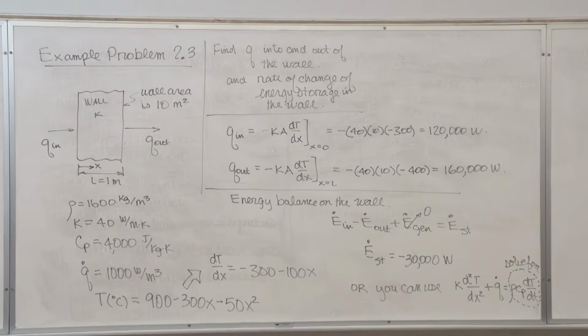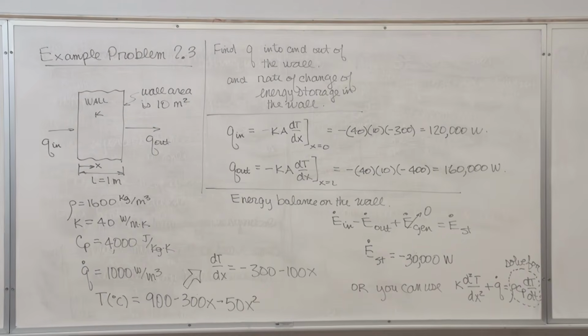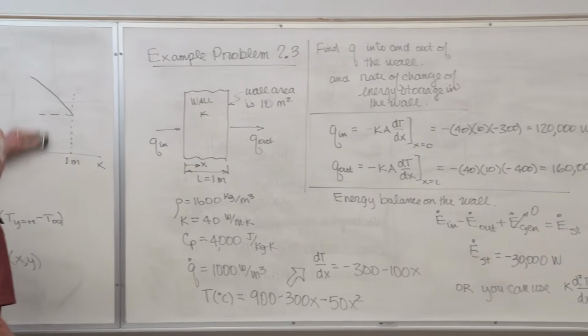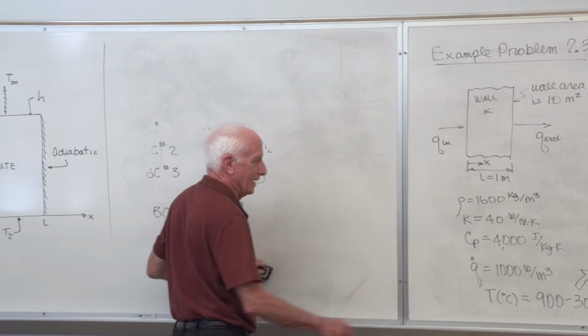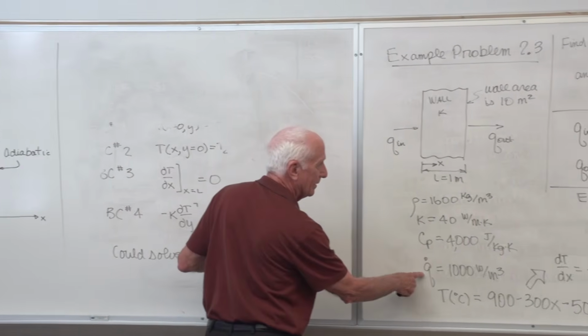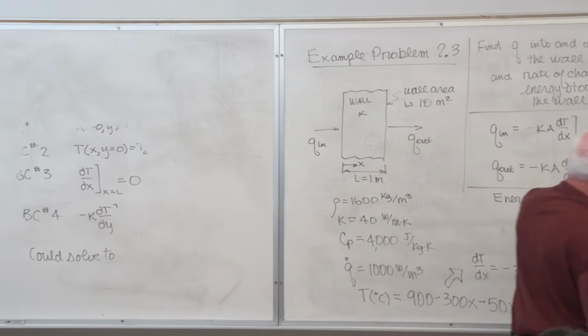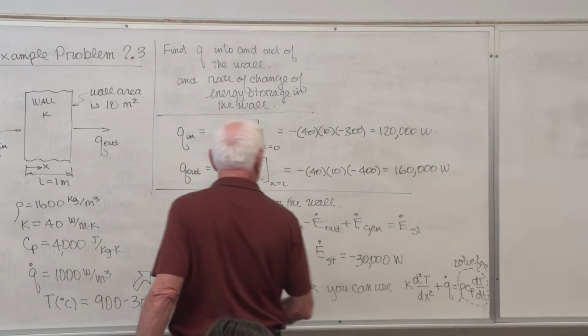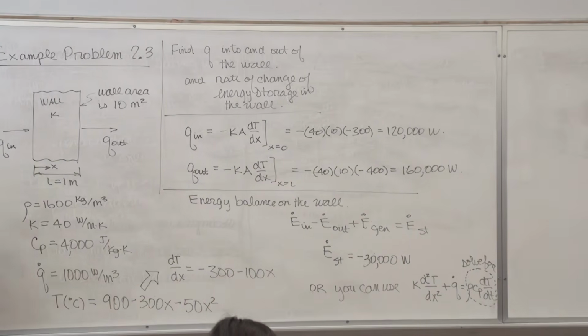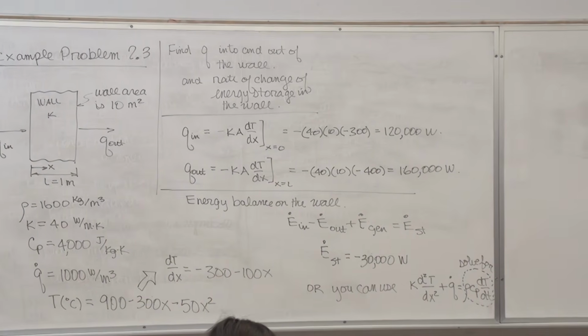I'm going to save this for the next class, so I'll erase this. You said there's no heat generation in that problem? Yeah, here it is, Q dot. There it is. That's why. Oh, okay. Sorry about that. Thank you. There sure is. I got ahead of myself. Good. Otherwise, those numbers don't come out. And I have one other question.